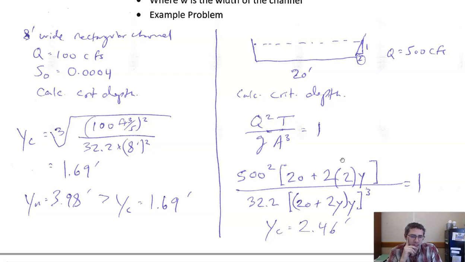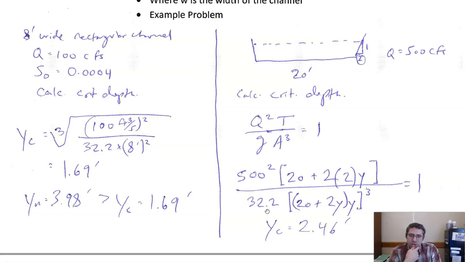T, this is an equation for the top width of a trapezoidal channel as a function of y, the depth. So it's the bottom width plus 2 times the side slope number here times the depth. And again, I'm going to give you these relationships in a handout. The old book had them in it. The new book, I don't think, has a super convenient way of getting them.